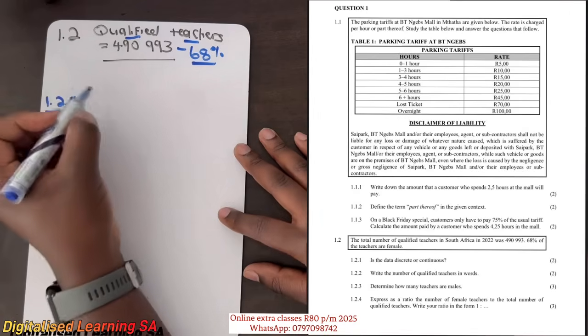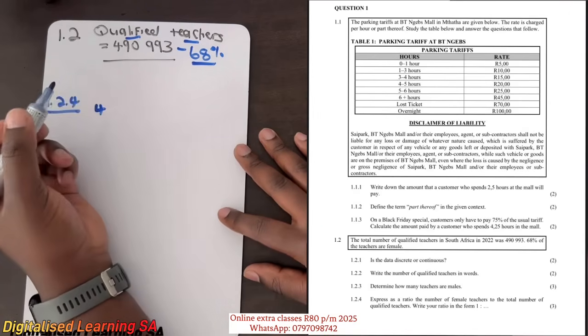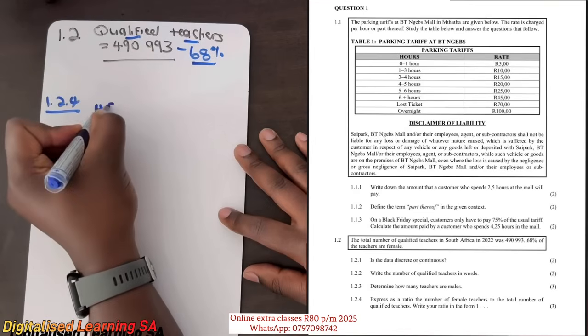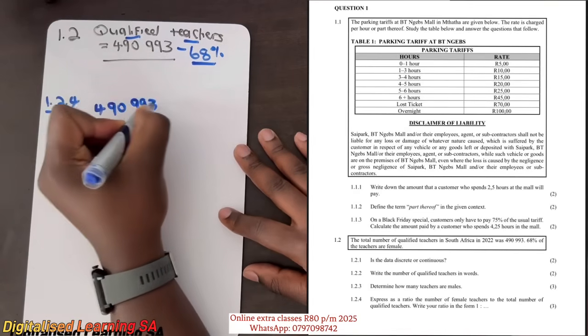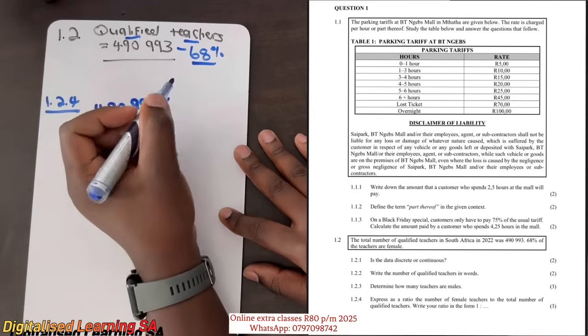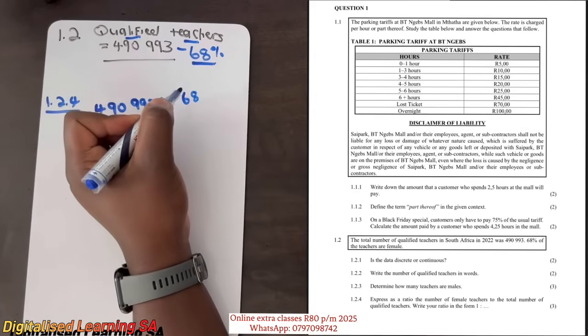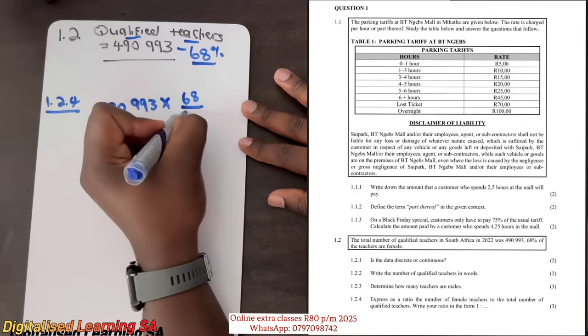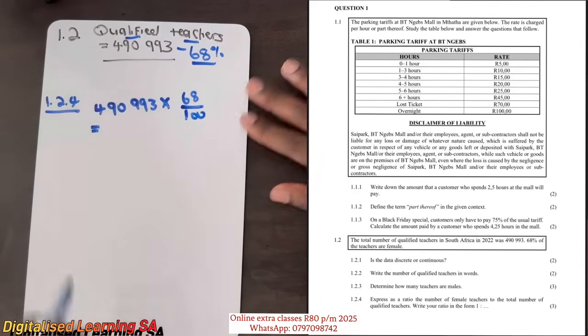So to do that, we say the same way we calculated the number of male teachers: 490,993 multiplied by, in this case, we are told that the number of female teachers is 68%. So just multiply by 68 and divide by 100.